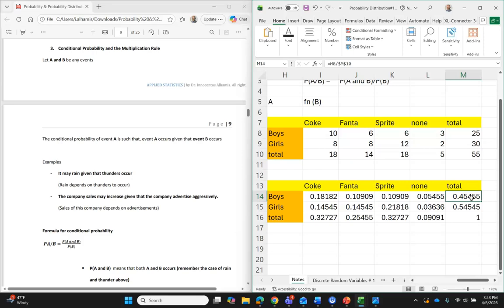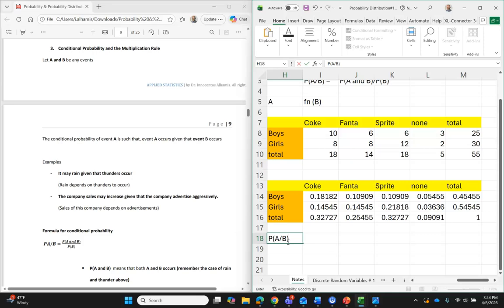And so we have 100%. So let's go to the conditional probability. So talk about the conditional probability, and in this case we say probability of A given B. And we know the formula.